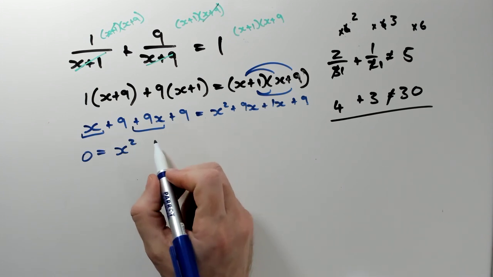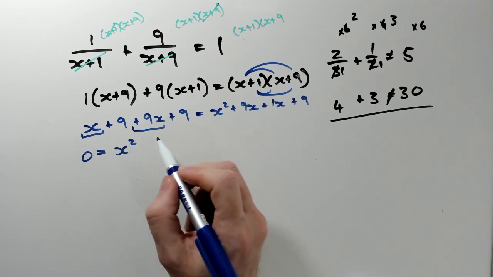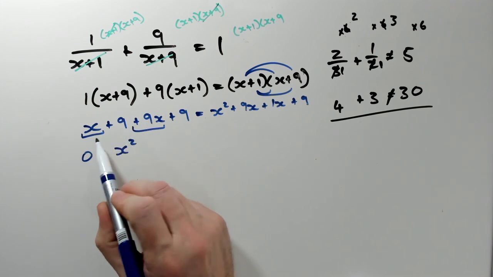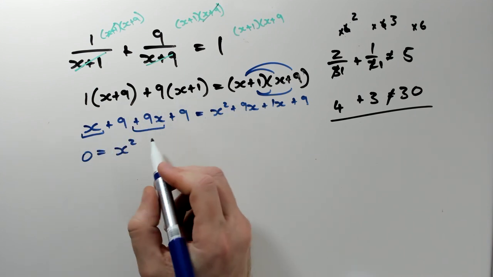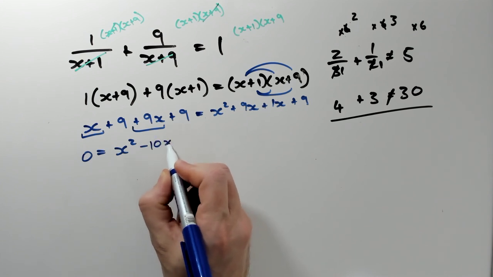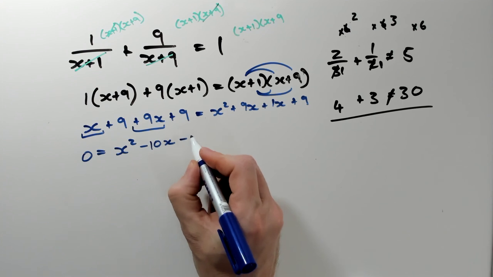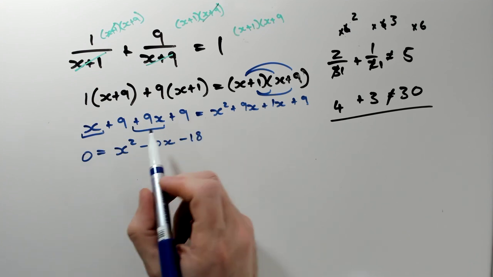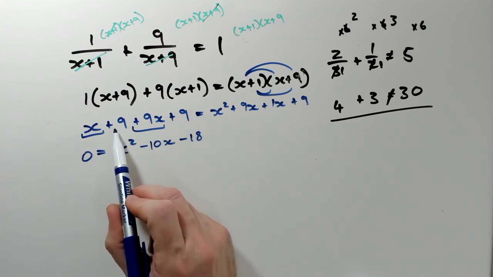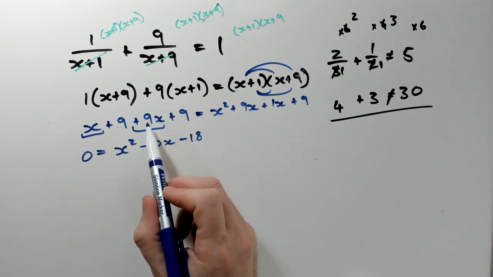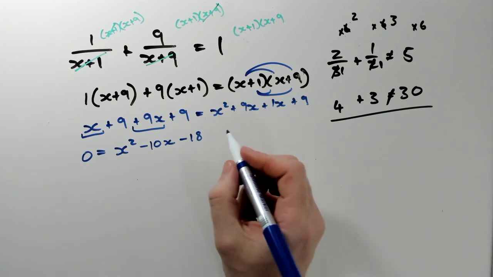X plus 9x is 10x, and if I take that over, it's going to be negative 10x. And this is 9 plus 9, which is 18. If I take it over, it becomes negative 18. Or you can see it as, okay, I'm taking 10x, subtracting 10x off this side and 10x off the other side, and taking 18 off this side and the other side, which is fine.